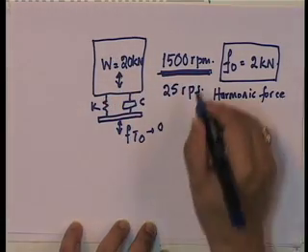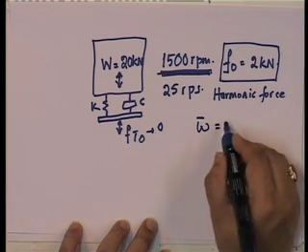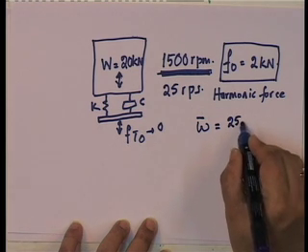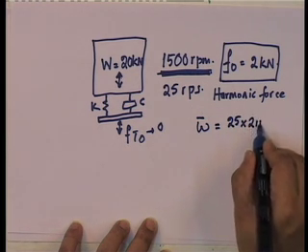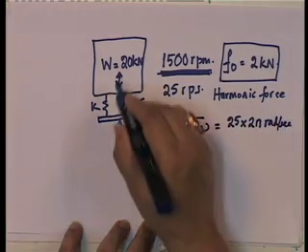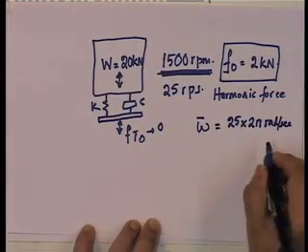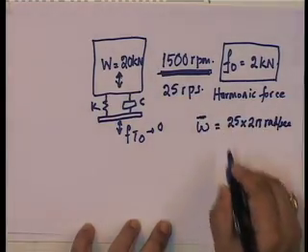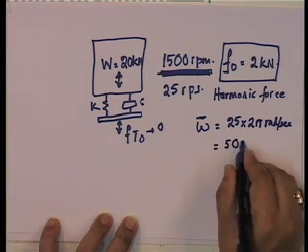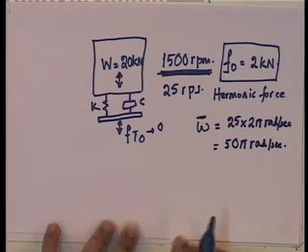In other words, omega bar is equal to 25 into 2 pi radians per second. So omega bar, the excitation frequency, is equal to 50 pi radians per second.